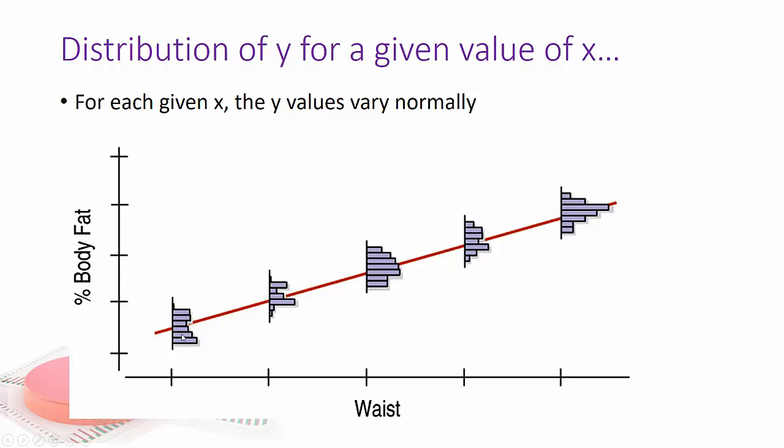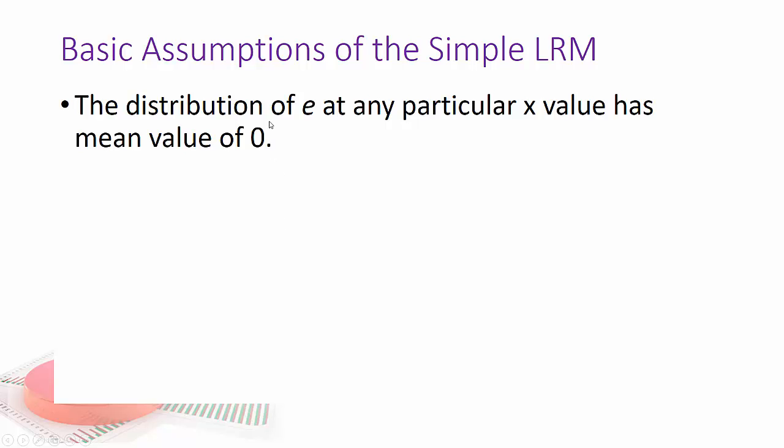And so for each given x, what you expect is that these are going to be distributed fairly normally. They'll just be spread about that line. So the basic assumptions are that the distribution of epsilon at any particular x value has a mean value of 0.